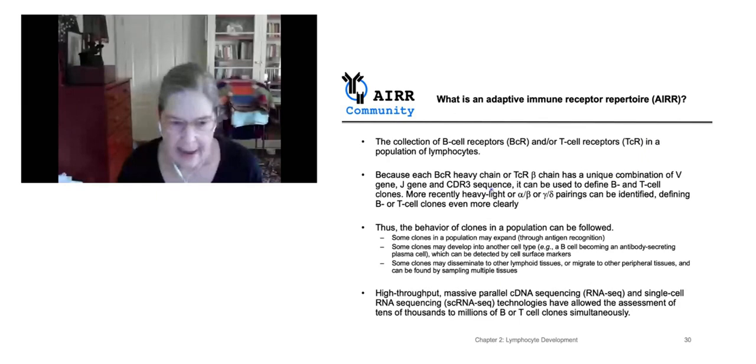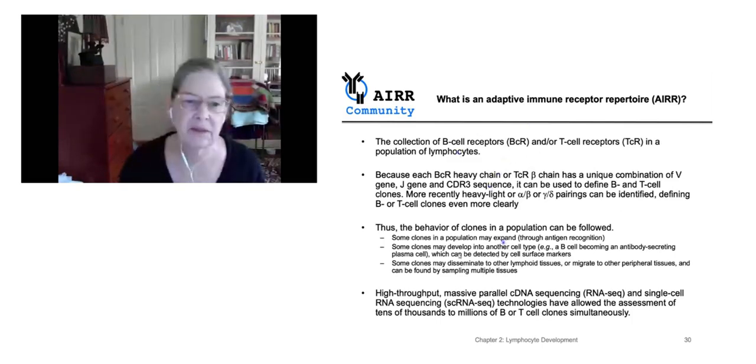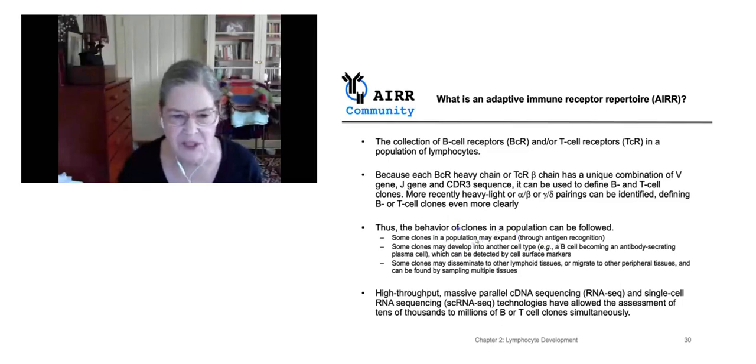And the beauty of it is that if you look at, let's say, 10,000 or 1,000,000 B cell receptors in a population, you may see some that are at a much higher frequency. Well, that's telling you that that B cell clone expanded in response to some kind of antigen. And you can also look at plasma cells and see what their expanded B cell receptors look like.